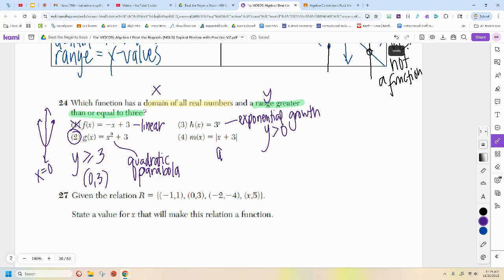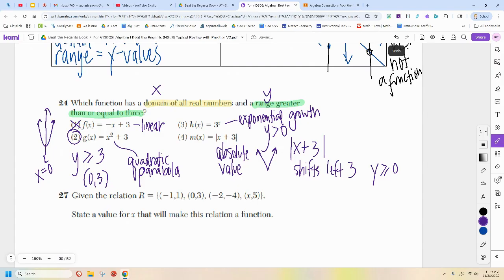This one, which is called absolute value, has a graph that looks like a V, like the value, and because the plus 3 is on the inside, it shifts left 3. Its range was then y greater than or equal to 0. All right, a little bit of analysis there, but which one of these is up 3? The only one is choice 2.